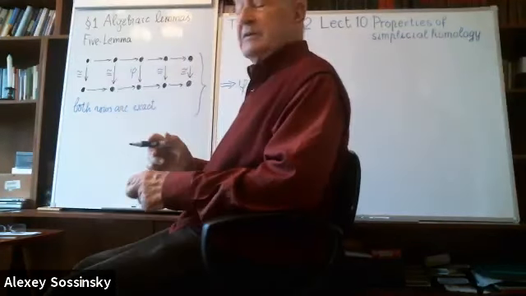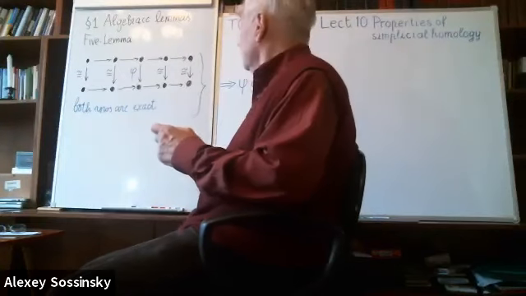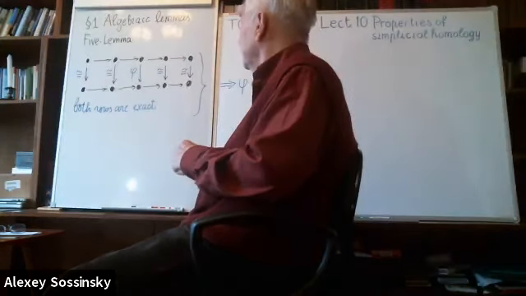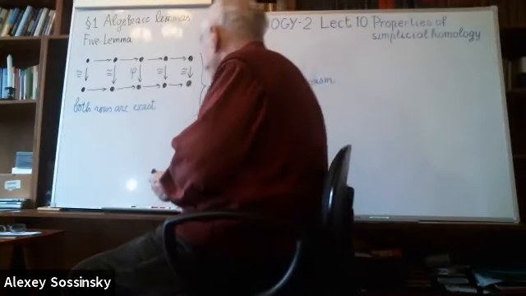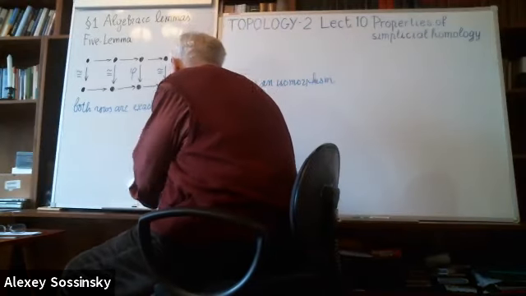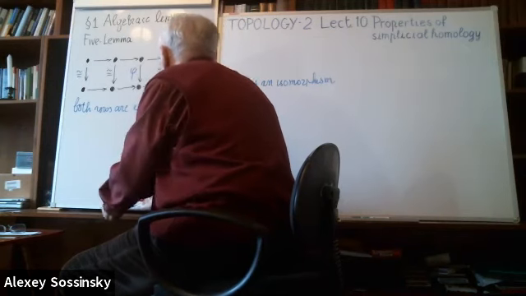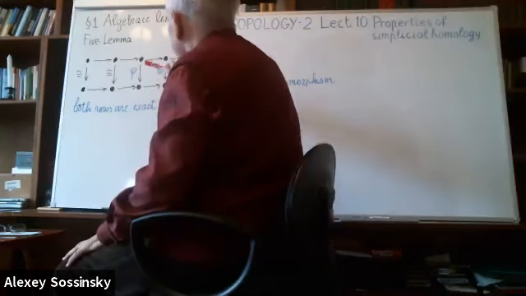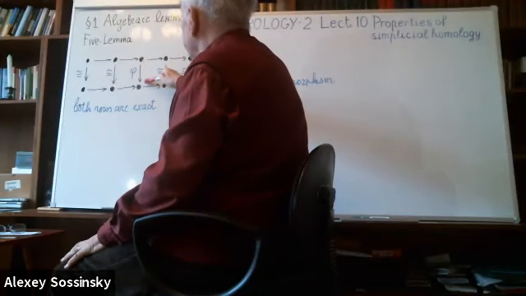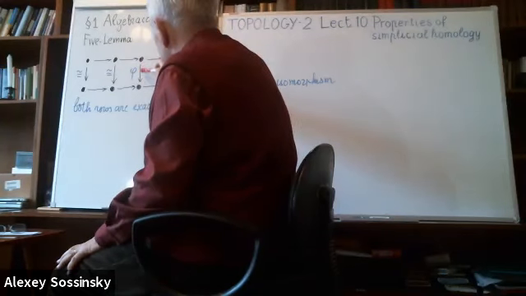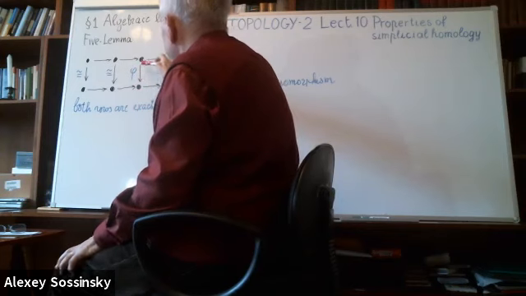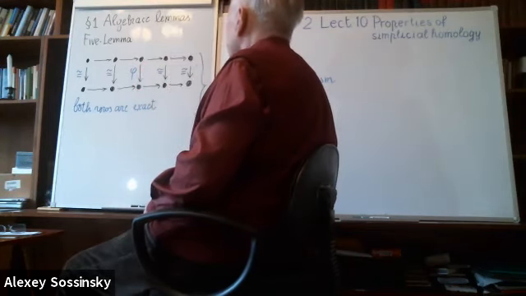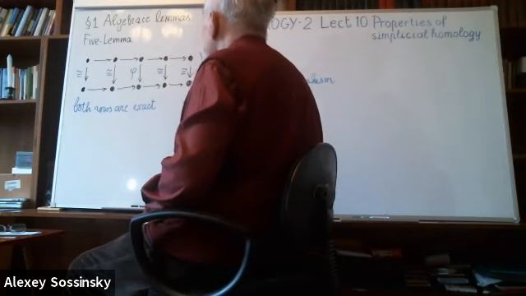So let us prove this lemma. To do that, we must prove two things: that this vertical arrow is surjective and that this vertical arrow is injective. Let us prove surjectivity.